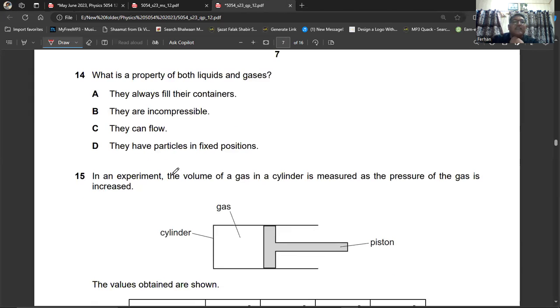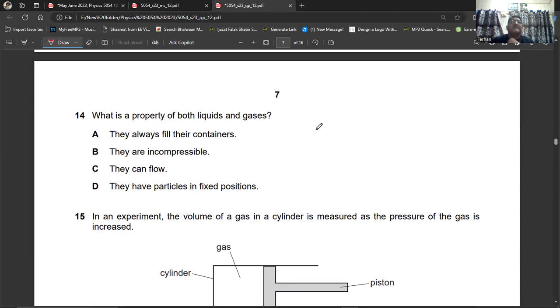Question number next is 14. What is a property of both liquids and gases? You know, the common property between both the liquids and the gases is that they do not have a definite shape. They always fill their container. That is not right, gas always fills its container, but for liquids, it's not necessary that they will fill their container. They are incompressible.